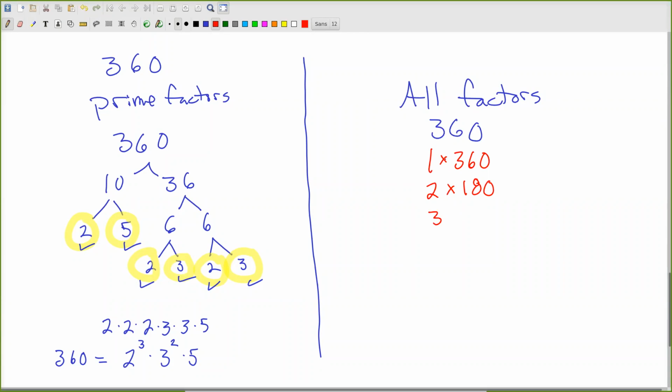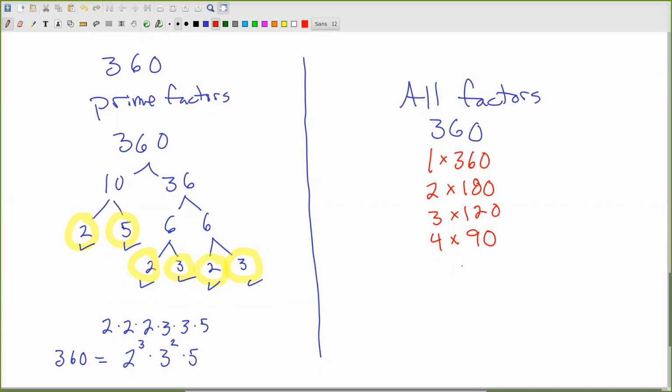3, let's see, 3 goes into 36 12 times, so that would be 120. And 2 went in, and the result is still even, so I believe 4 will go in. 4 goes into 36 9 times, so that should be 90.